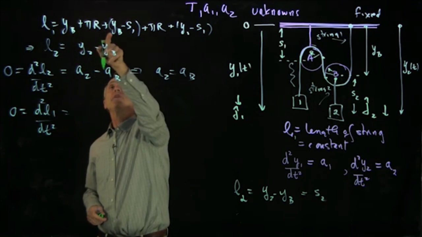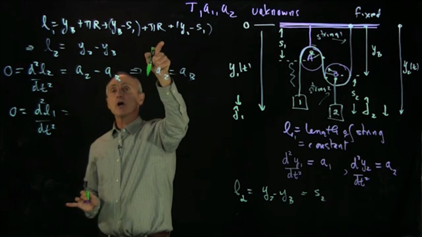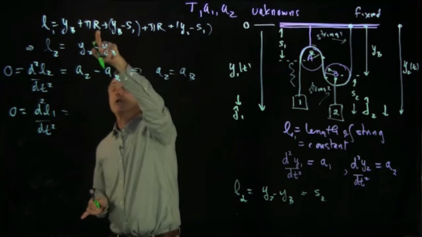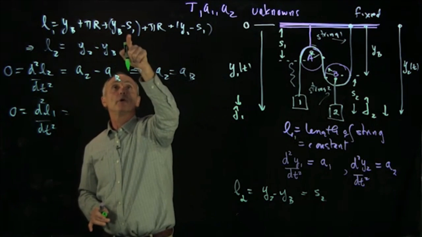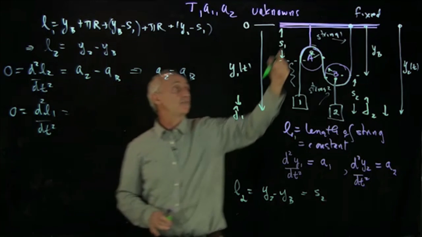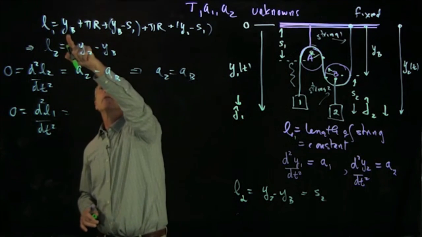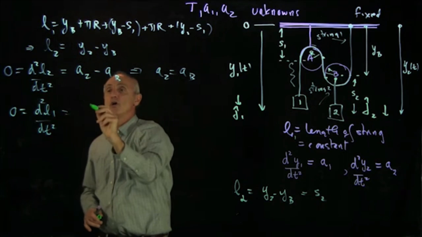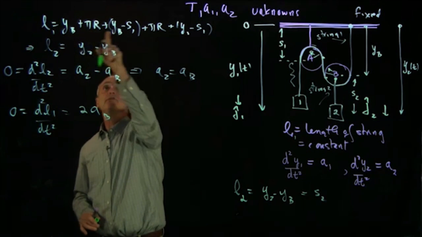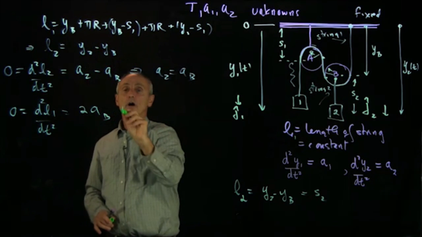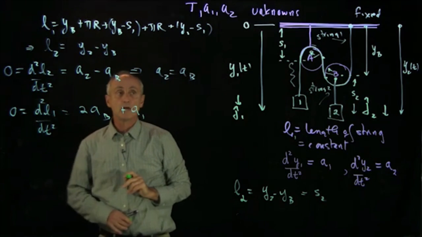We have two factors of yb, and we have a bunch of constants whose derivative is 0. So we don't have to worry about the wraparound distances, the pi r's, or the constants s1. All we have to think about is which quantities are changing in time. So we have 2ab when we take two derivatives, and we have one factor of a1, and that's 0.